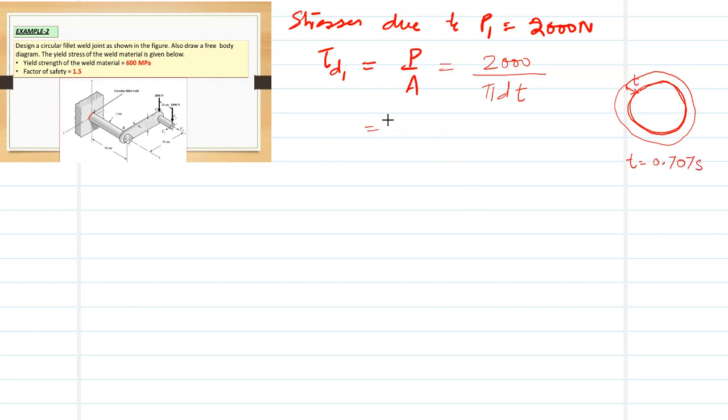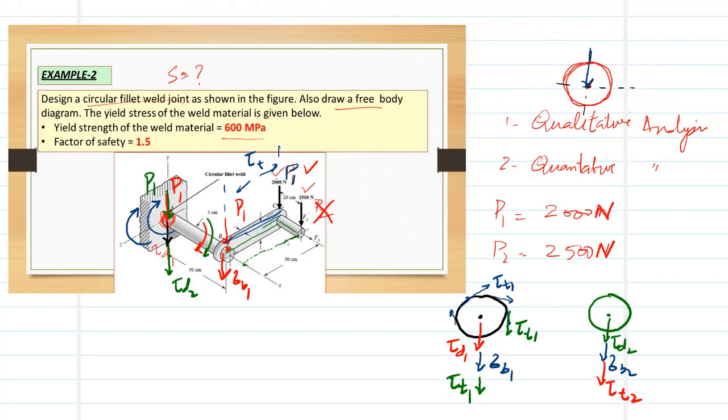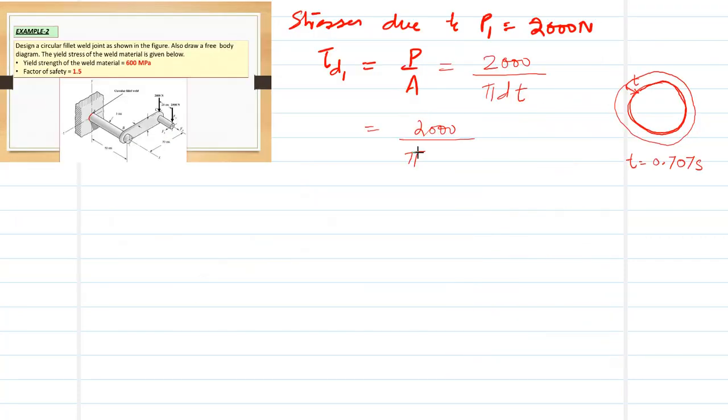Now we know that the throat of the weld from our class understanding is 0.707 s. So that is equal to 2000 divided by pi. D is the diameter of the rod, which in this case is 3 centimeter. Yes, 3 centimeter. So just convert into millimeters. So this is 30 millimeter, and throat is 0.707 s. Just calculate here 2000 divided by pi into 30 into 0.707.